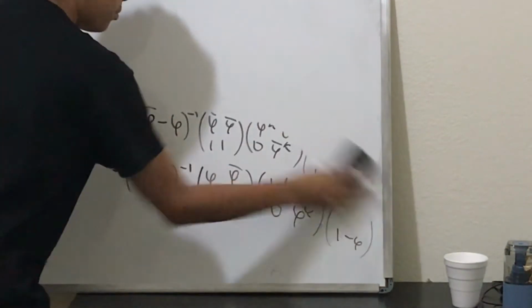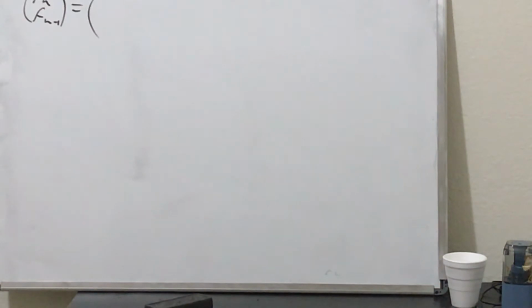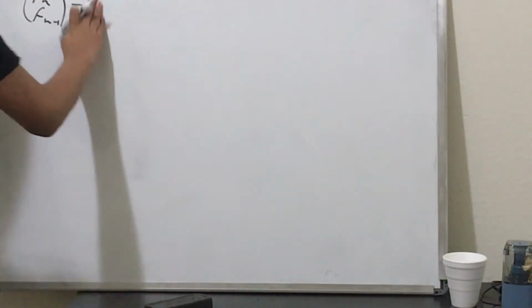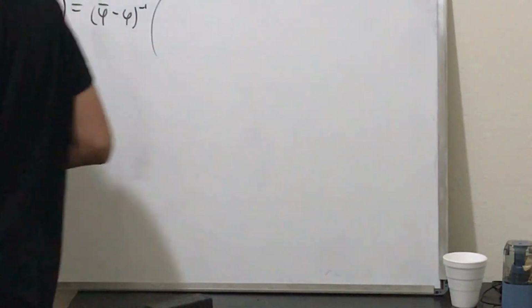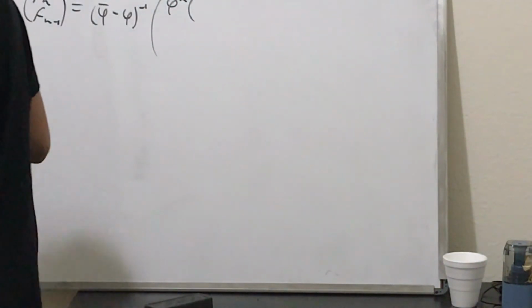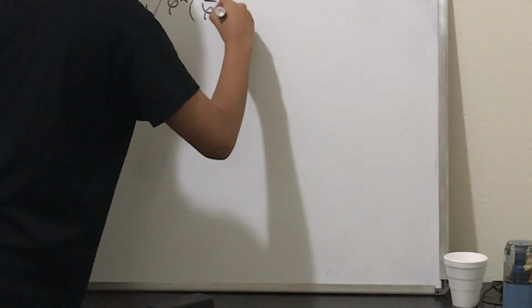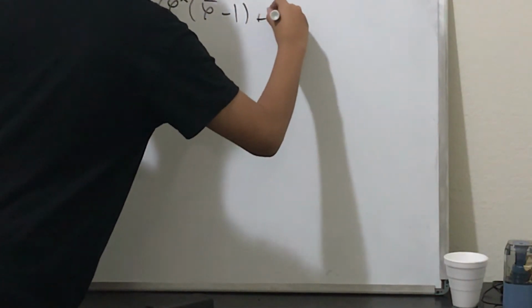I'll just go ahead and put the answer since I did this computation before. f of n minus 1 is equal to (phi bar minus phi) to the negative 1 times the vector phi to the nth power times (phi bar minus 1), plus phi bar to the nth power times (1 minus phi).